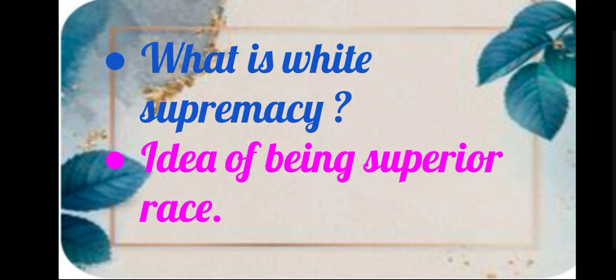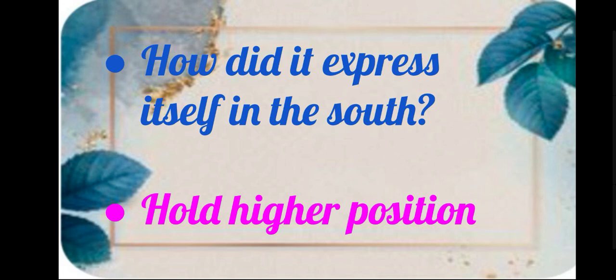Okay, now tell me, what is white supremacy? White supremacy refers to the idea held by some people that they were the superior race. How did it express itself in the South?